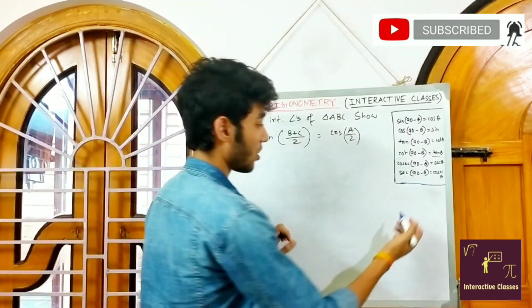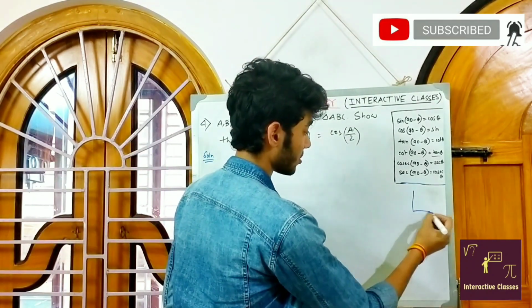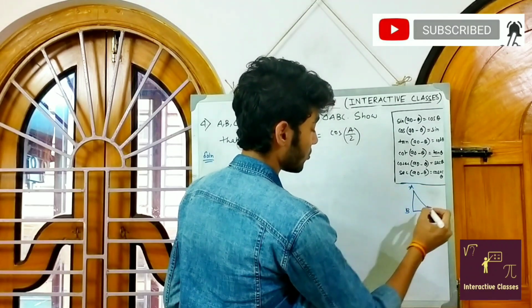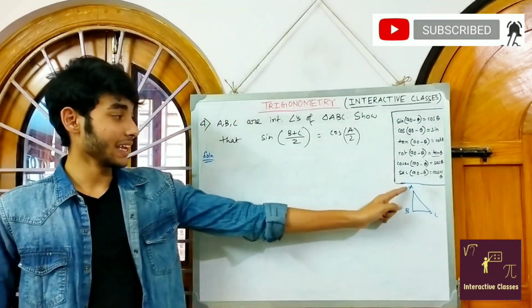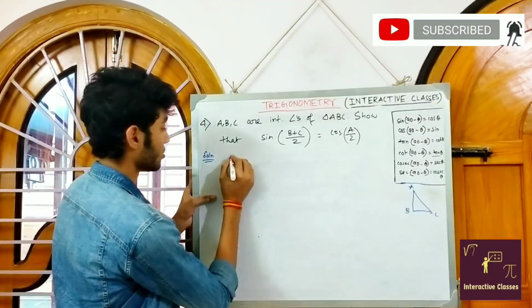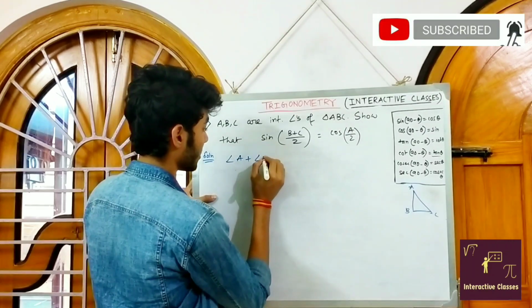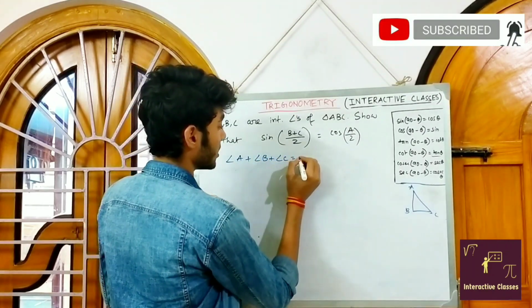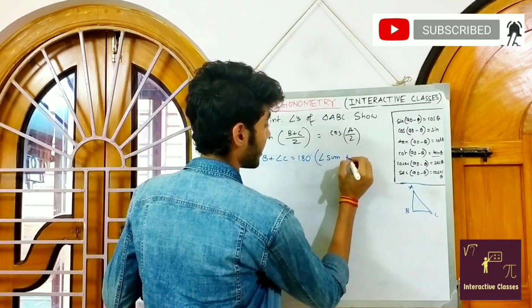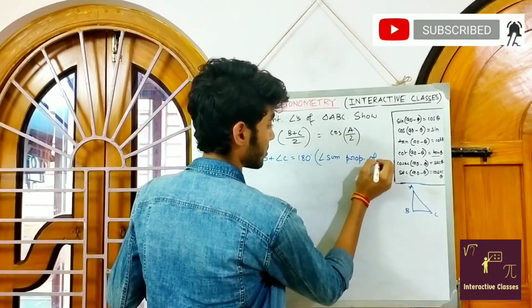If we draw a triangle, we know that angle A plus angle B plus angle C is 180 degree by angle sum property of triangle, which you have learned in junior classes.